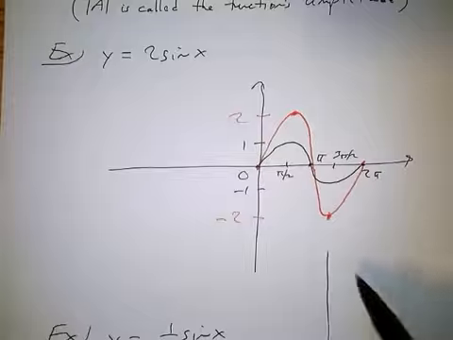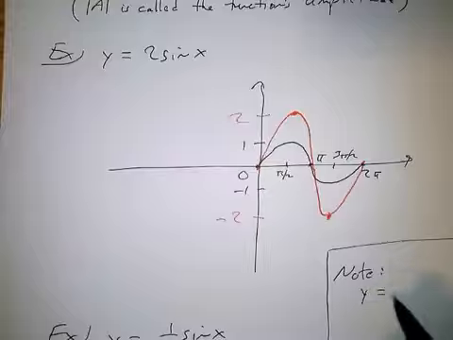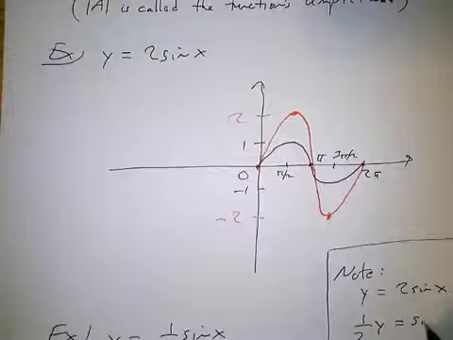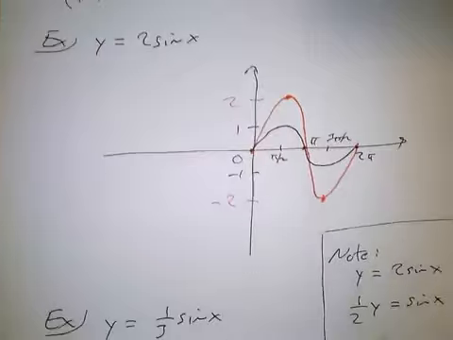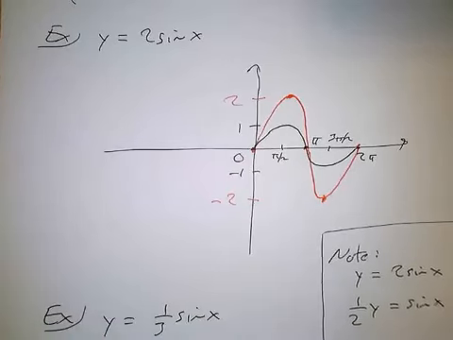And so this is something that we might note here, is that we can write y equals 2 sine of x as y over 2 equals sine of x. And if I write it in this fashion, it's not so mysterious that we're doing the opposite thing of what you might think.